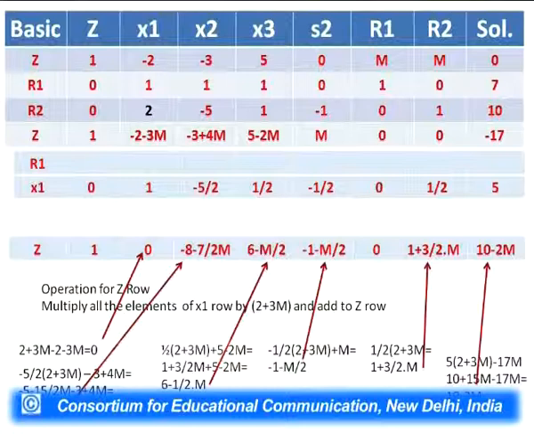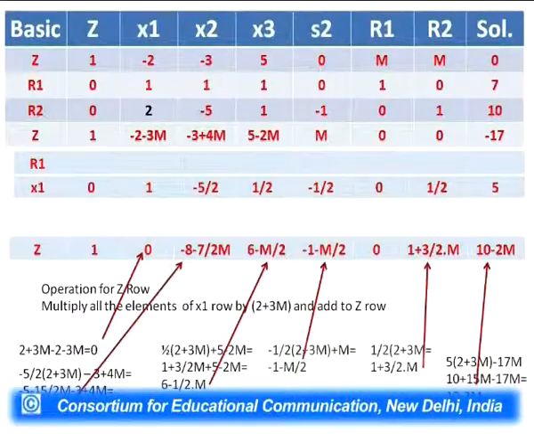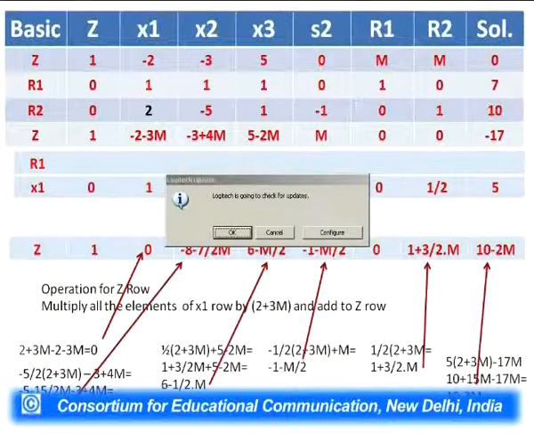Multiply all the elements of the X1 row by 2 plus 3m and then add to the Z row. This is what we have done, and finally we have achieved it. So again I'll repeat, one by one. The first 0 has been achieved by 2 plus 3m minus 2 minus 3m, which is again equal to 0.